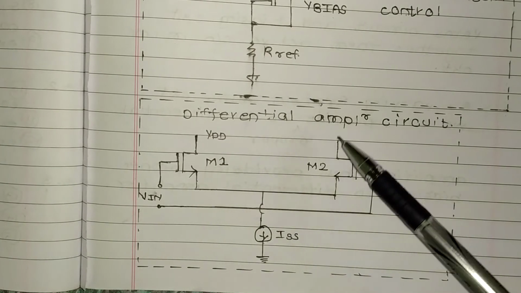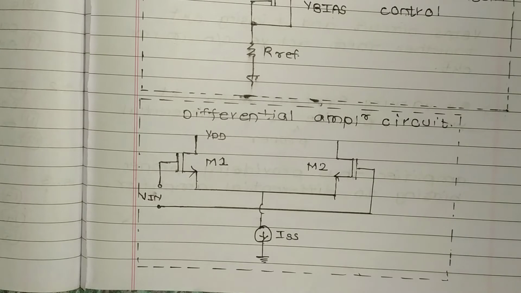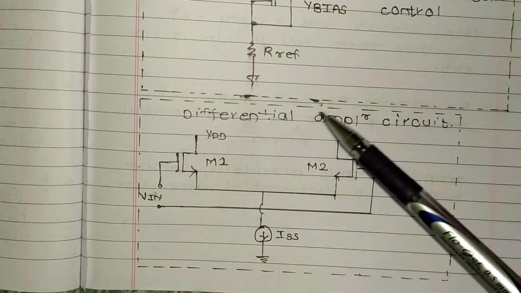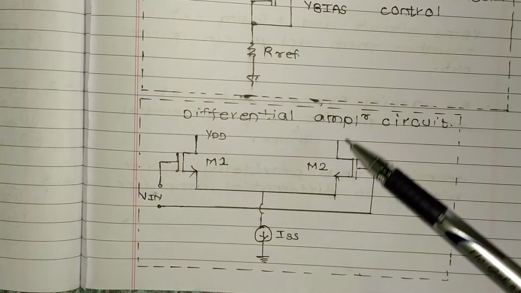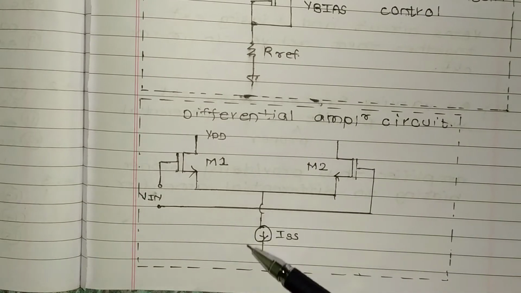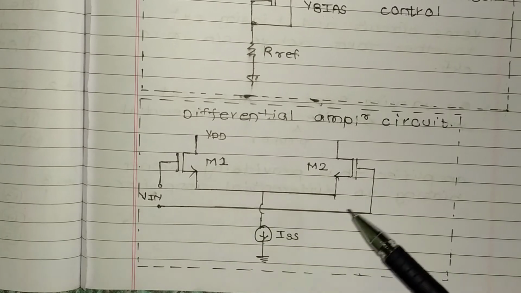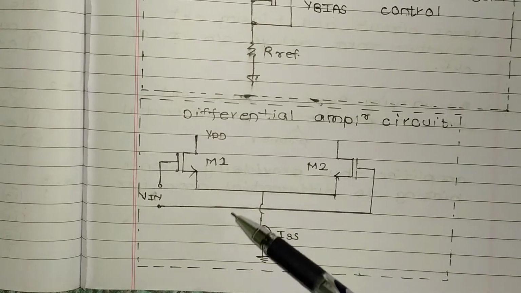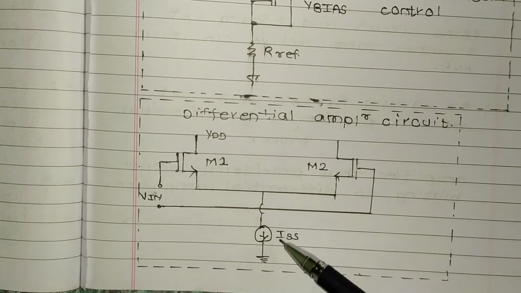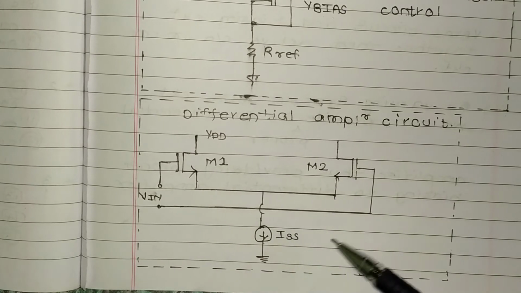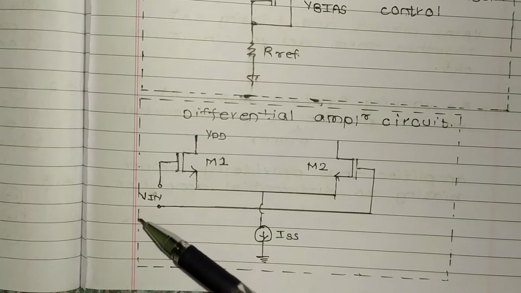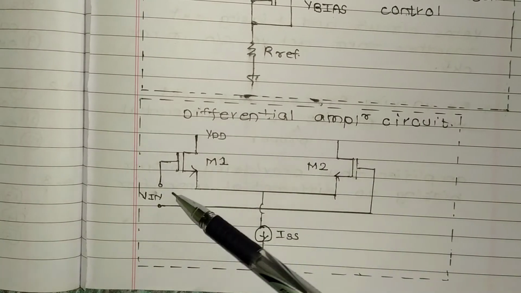Here we will connect the output of that active current mirror circuit. This ISS source is grounded. Source terminals are taken common and grounded with the ISS source, and V in is the voltage given to this differential amplifier.